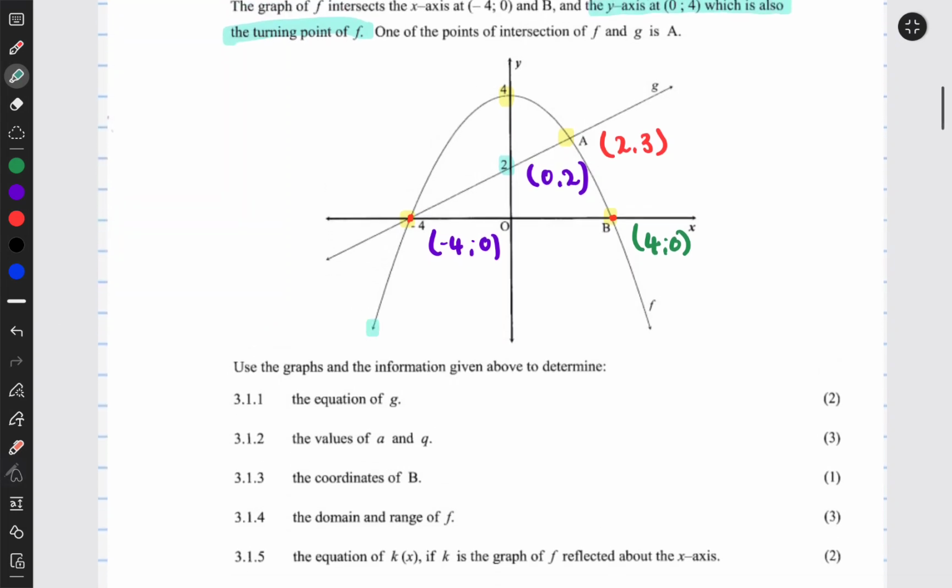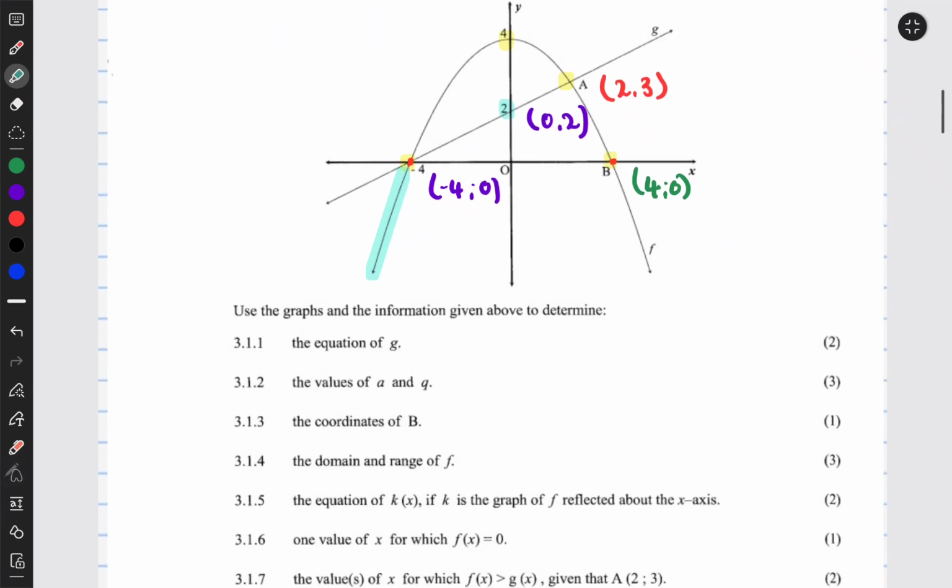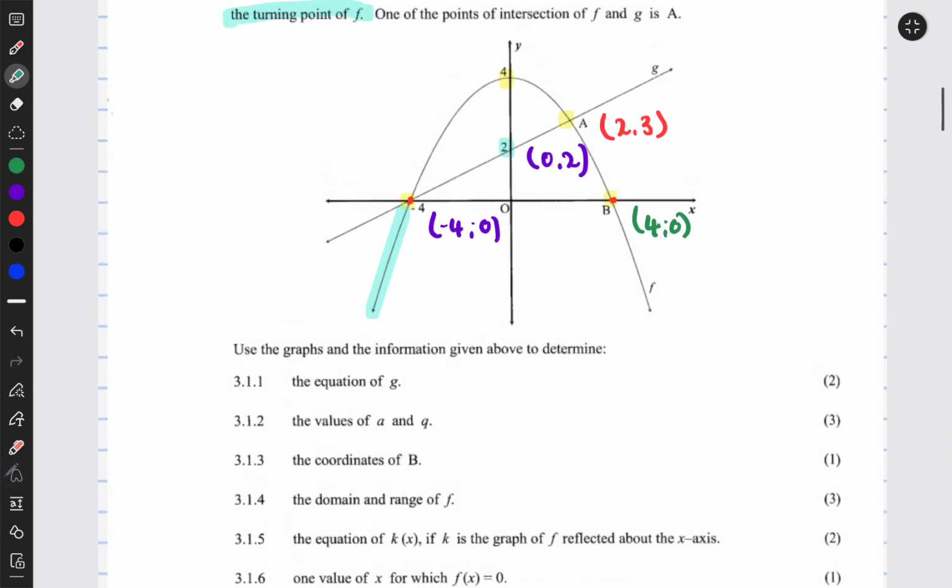So we can see from here up until -4, the graph of F is below the graph of G, because here's the graph of G, it is above.